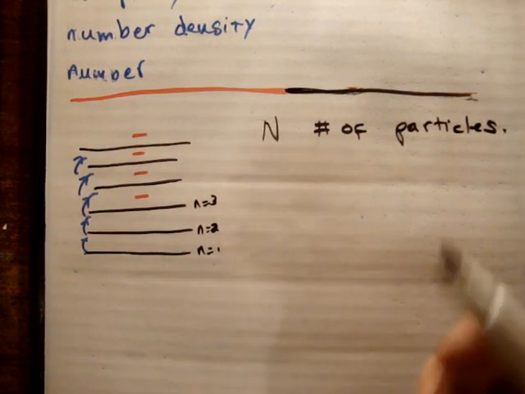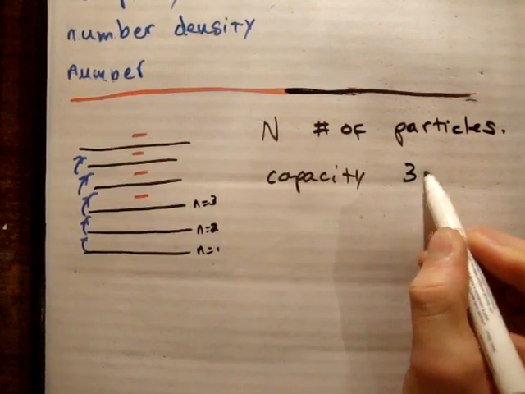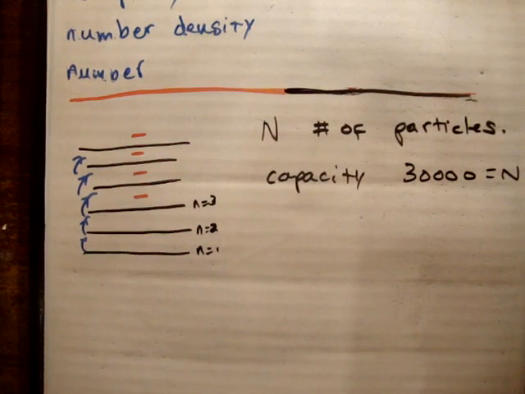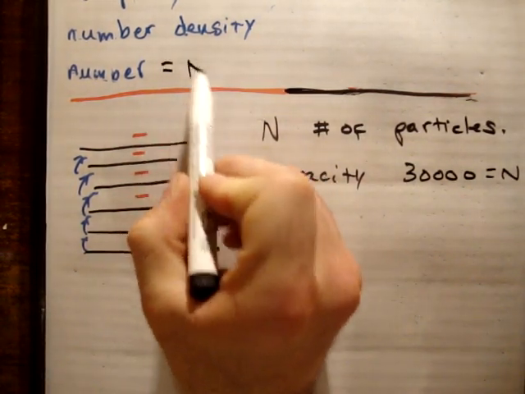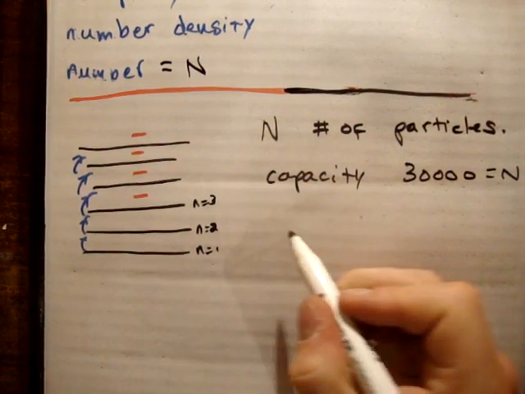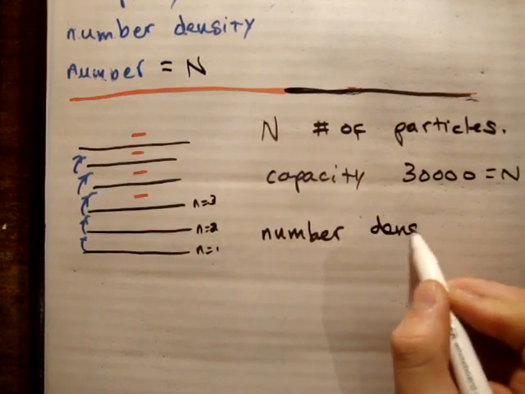If the stadium was full, it would be the capacity, let's say 30,000. So capital N is equal to 30,000. That is the number of particles in your system. But what if we wanted the number of particles per unit volume? That is the number density.